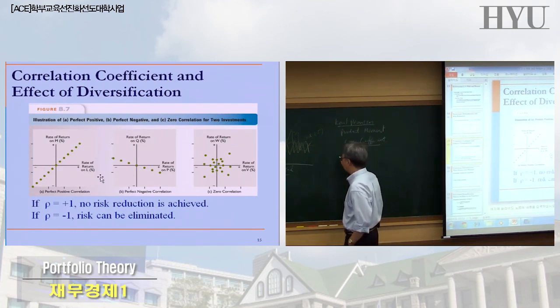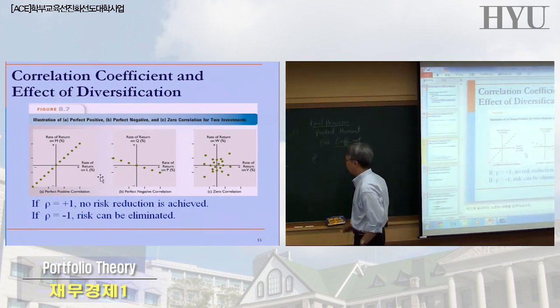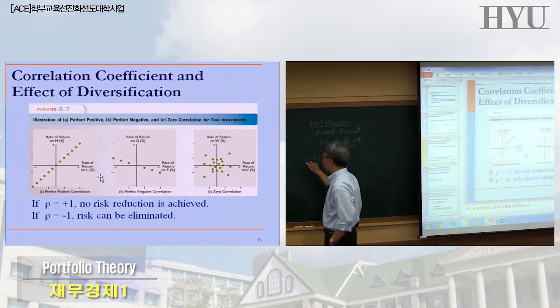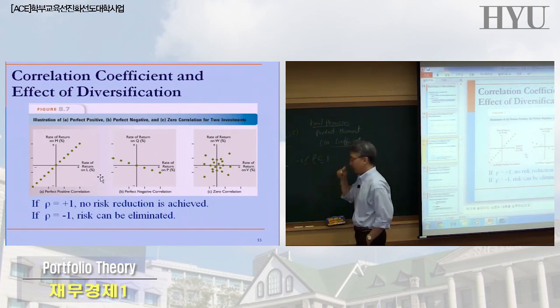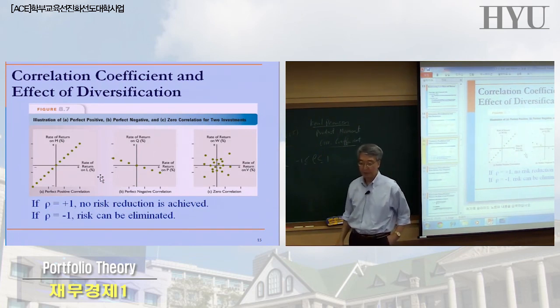We typically use R. In our textbook we use rho, so we're going to use the Greek letter rho. And rho is somewhere between -1 and +1. The maximum value it can take is +1, and the minimum is -1.